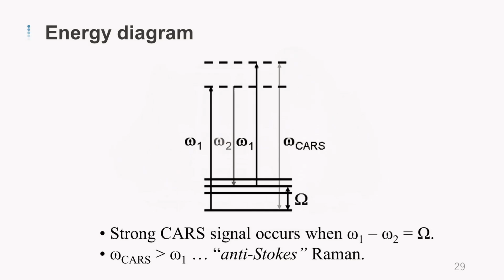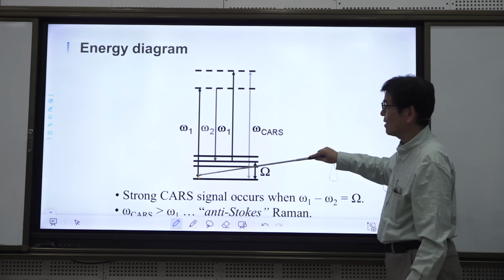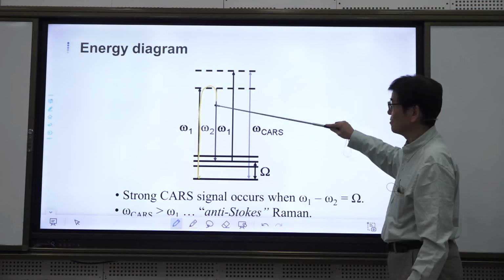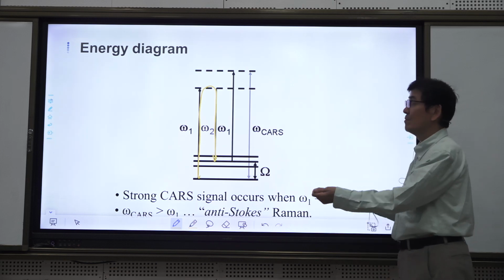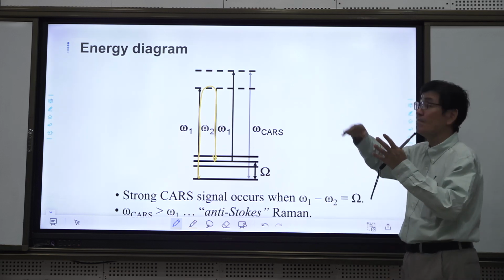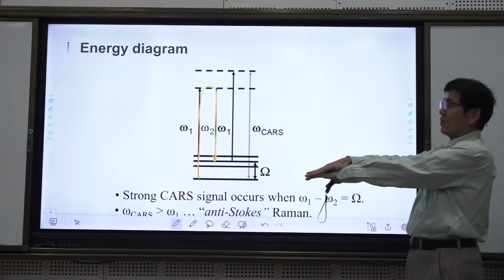This is the energy diagram. So in the case of CARS measurement, omega 1 minus omega 2 corresponds to the fringe at the overlap point of the two beams.